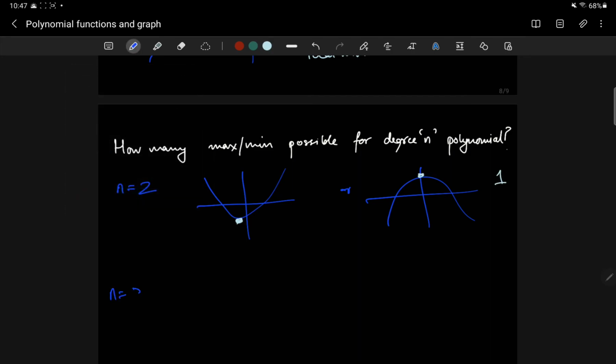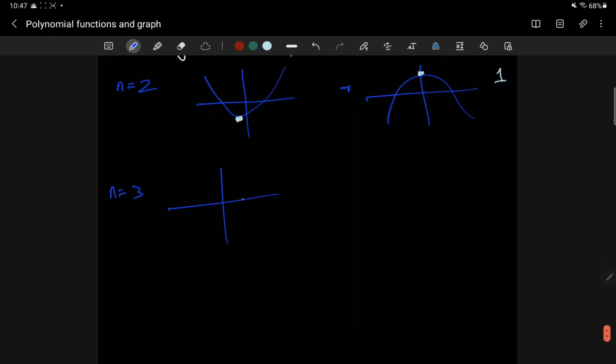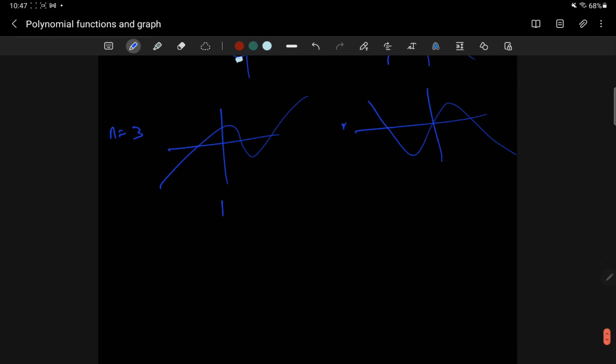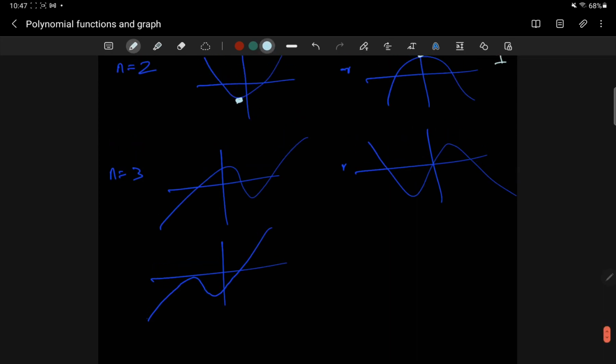If I have n equals 3, again there's a bunch of shapes I can have, but generally it's that, or as we saw, there might be turnarounds, but even with turnarounds, there's a max and a min, or a min and a max. So here there's 2.